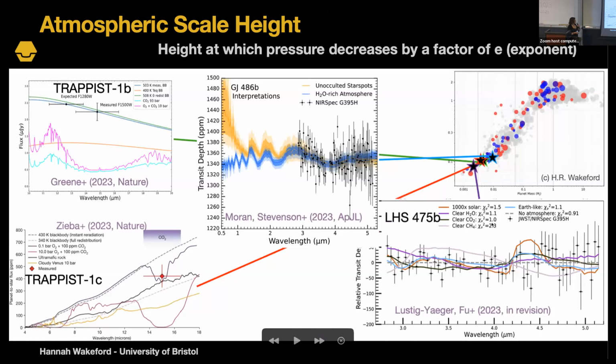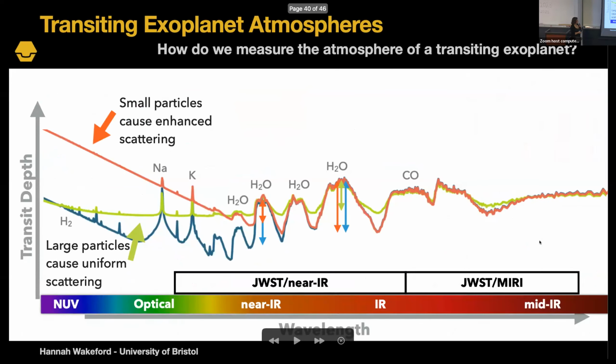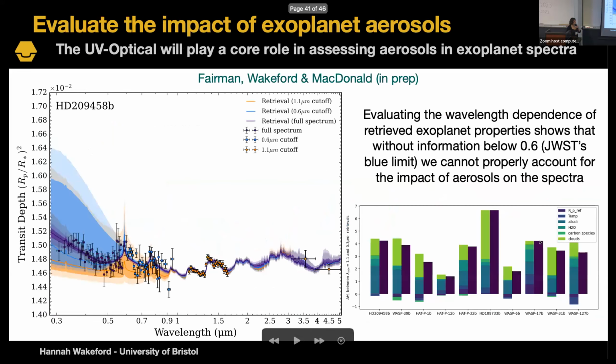Now I'm going to leave this for Natasha at the end of the week, looking at these smaller planets and what we've seen. You can talk to Kevin Stevenson later. But one of the really key things is that we're seeing that there are going to be some challenges associated with this. And one of the challenges can be really broken down by optical observations. So I'm going to push you for Hubble observations as well, because the optical and the ultraviolet can really help us understand the stars and the clouds in these atmospheres.